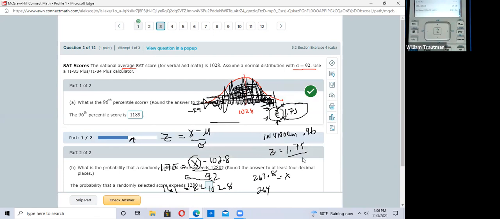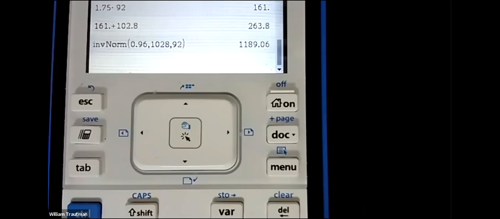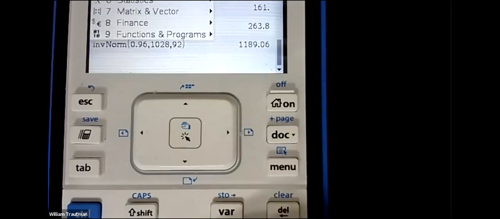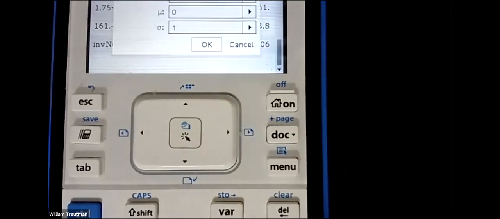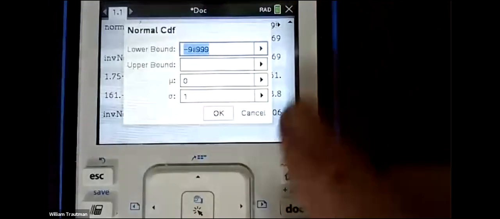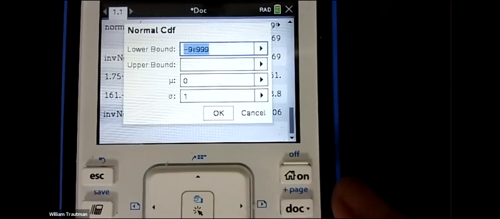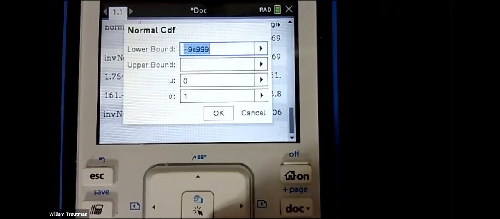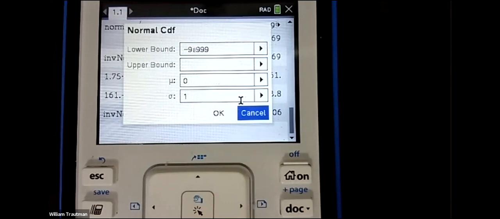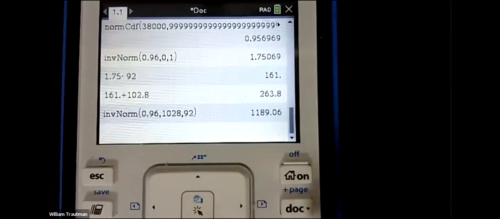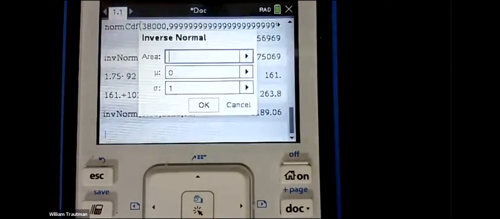But let me show you on the calculator. On the calculator, we did menu 552. Sorry, let me hit clear and get out of this. I want to cancel that. Menu 553.